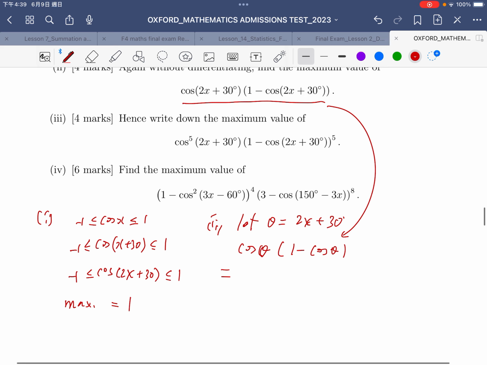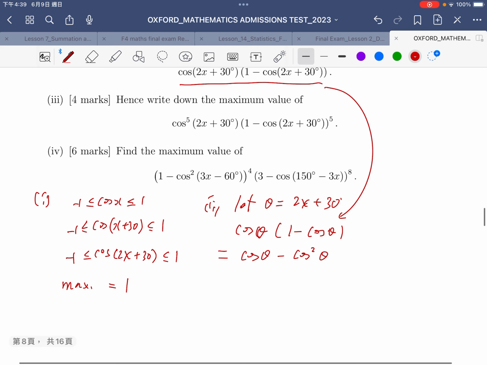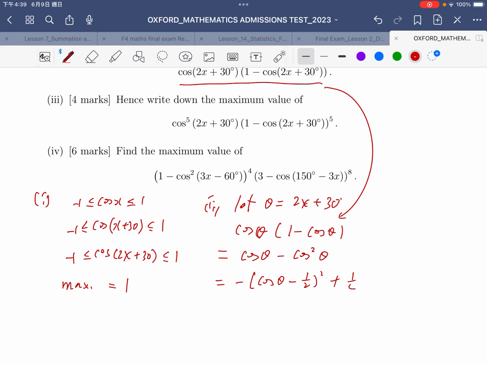Multiplying out, we have a quadratic function, and by using the method of completing the square, we get minus (cosine theta minus 1 over 2) squared plus 1 over 4.